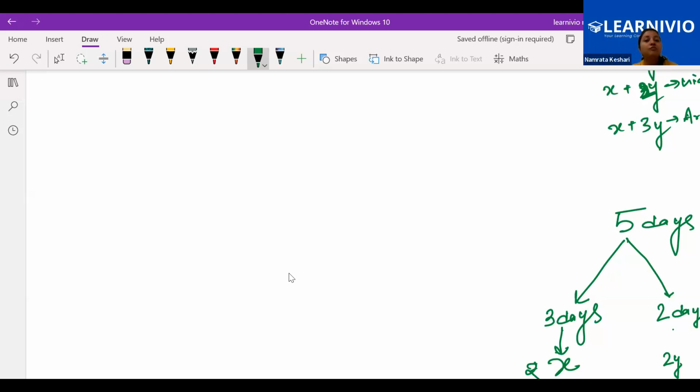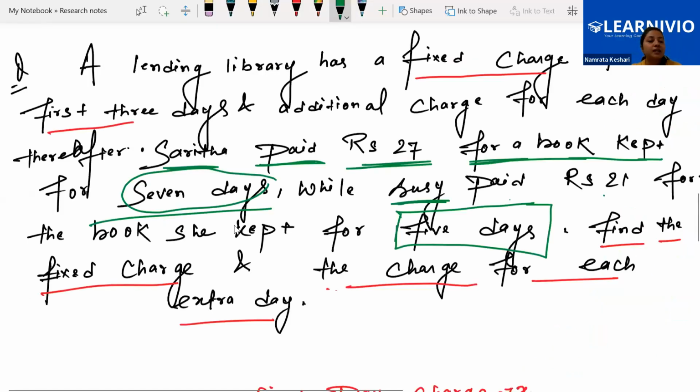Why is 3 days mentioned? So that we can understand that if a person is keeping the book for 7 days, then apart from these 3 days, the person is keeping 4 days extra. The person is going to pay an extra amount for the rest of the 4 days. That's why 3 days is mentioned over here.